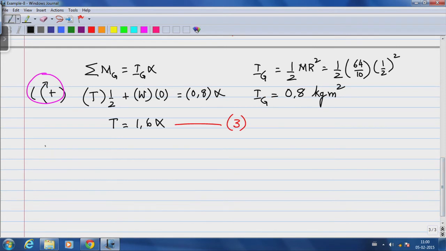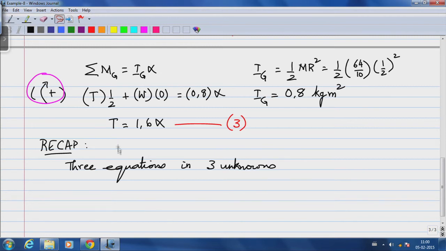So, let us recap. I have 3 equations in 3 unknowns. I will be slightly more precise.